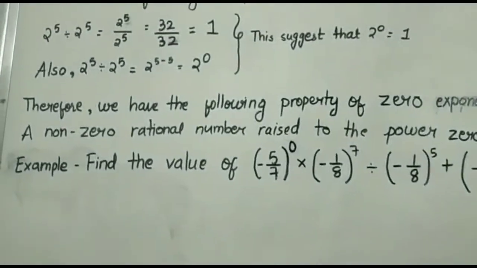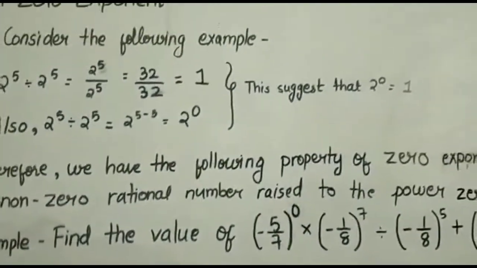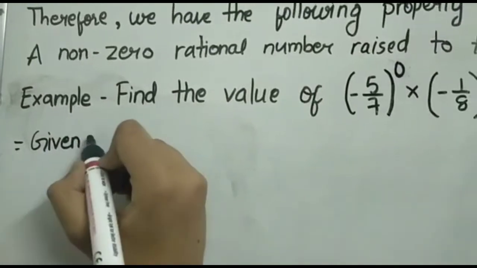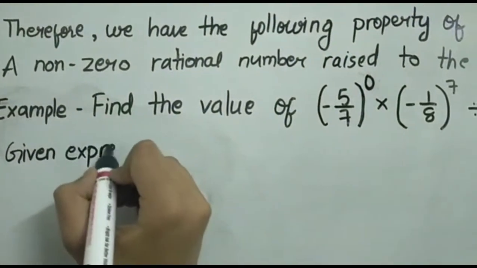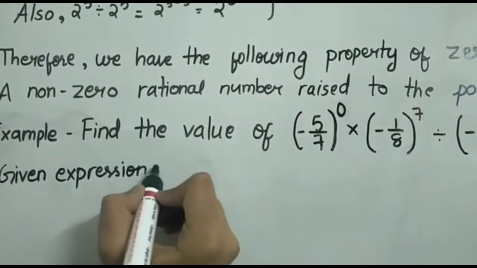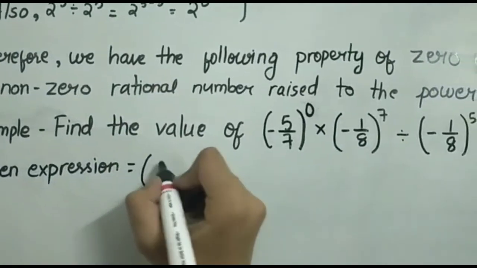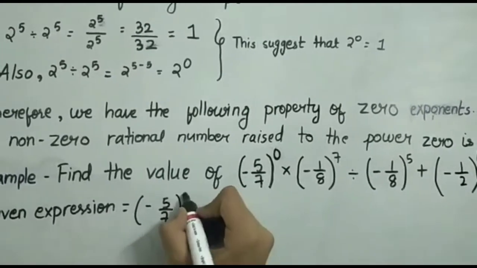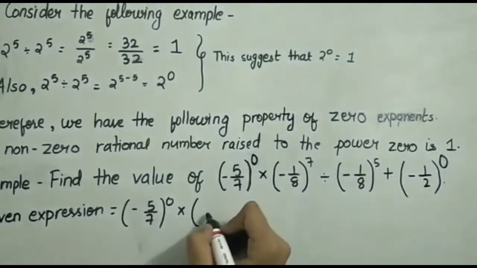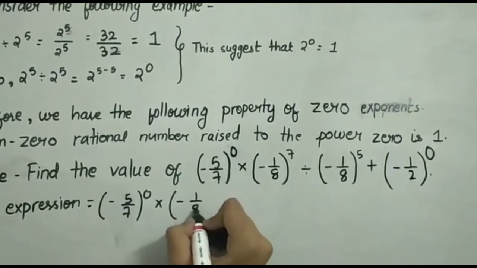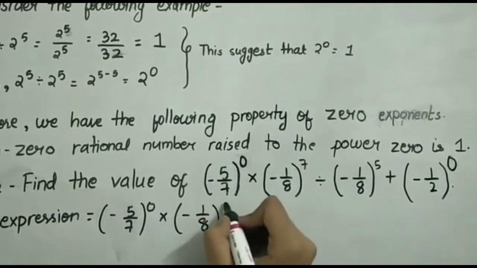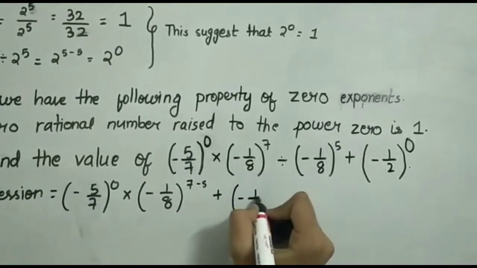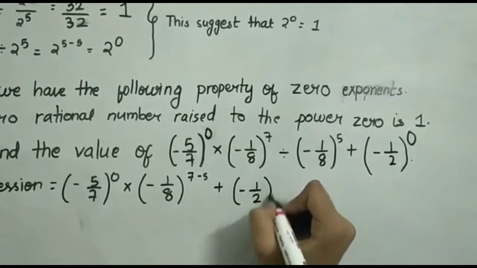So to do this, first, given expression equals (-5/7)^0 × (-1/8)^(7-5) + (-1/2)^0.